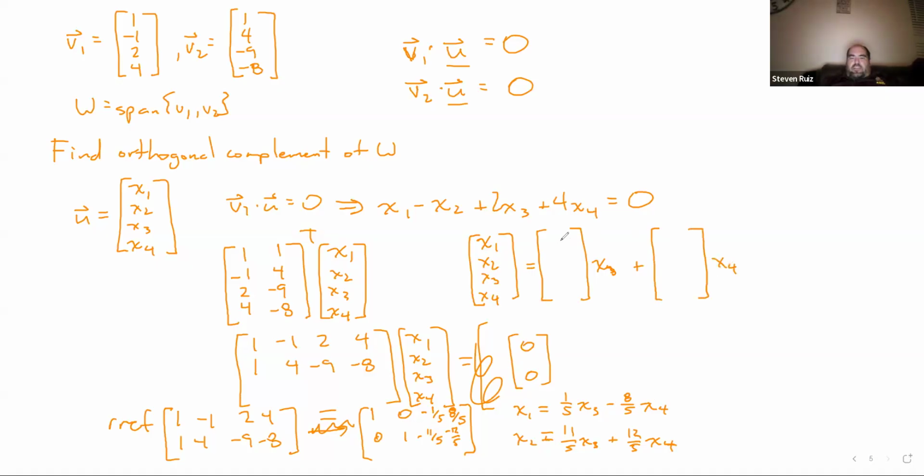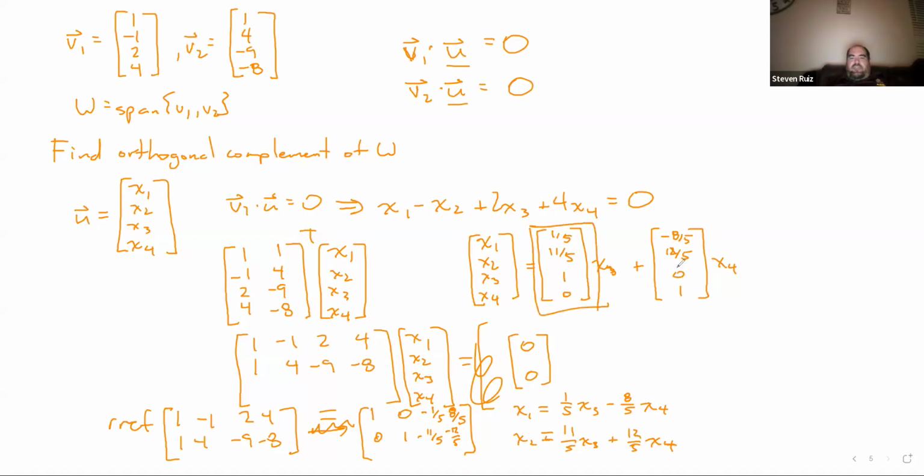So x1 equals 1/5 of x3 minus 8/5 of x4. x2 is equal to 11/5 of x3 plus 12/5 of x4, and x3 is equal to itself, and x4 is equal to itself.